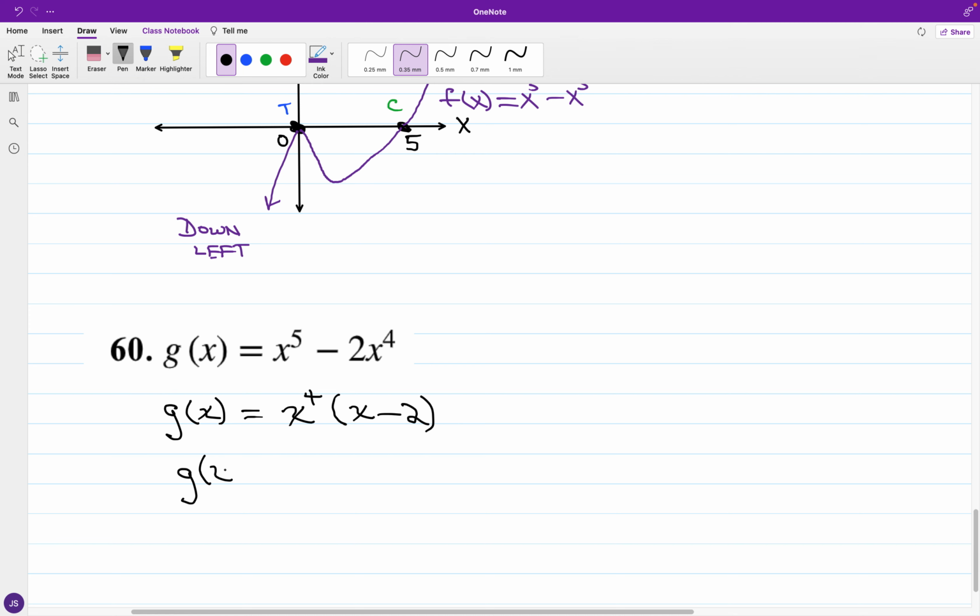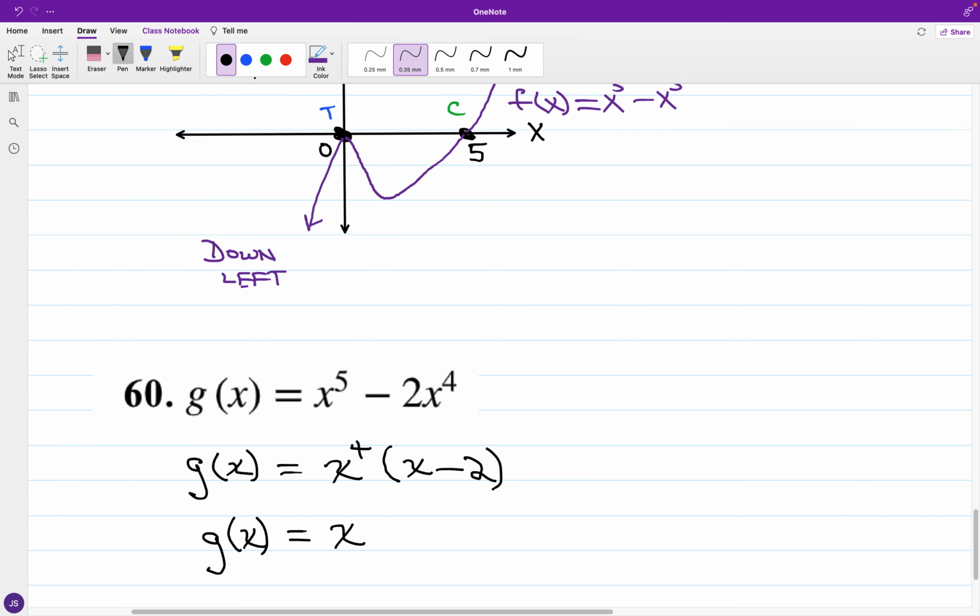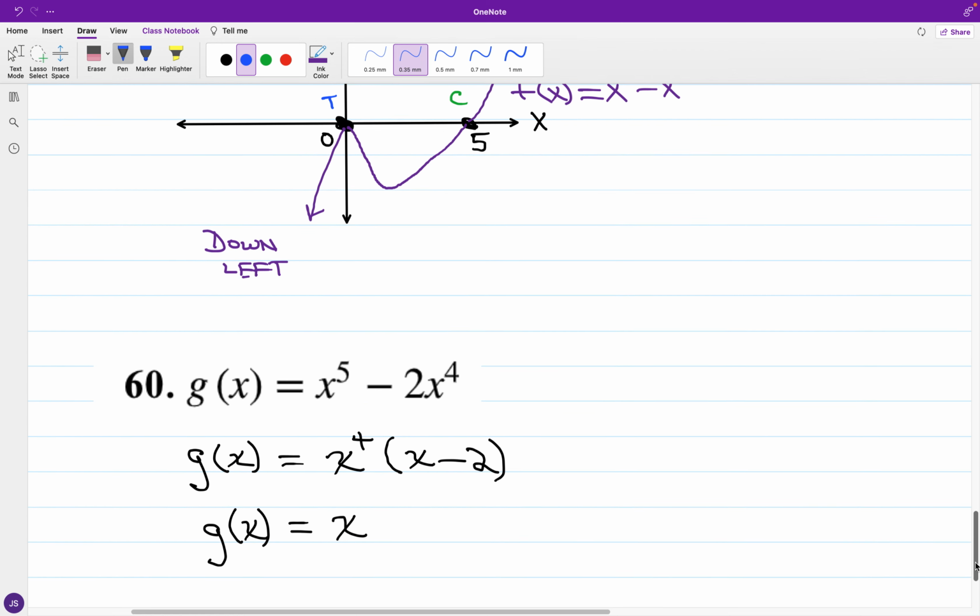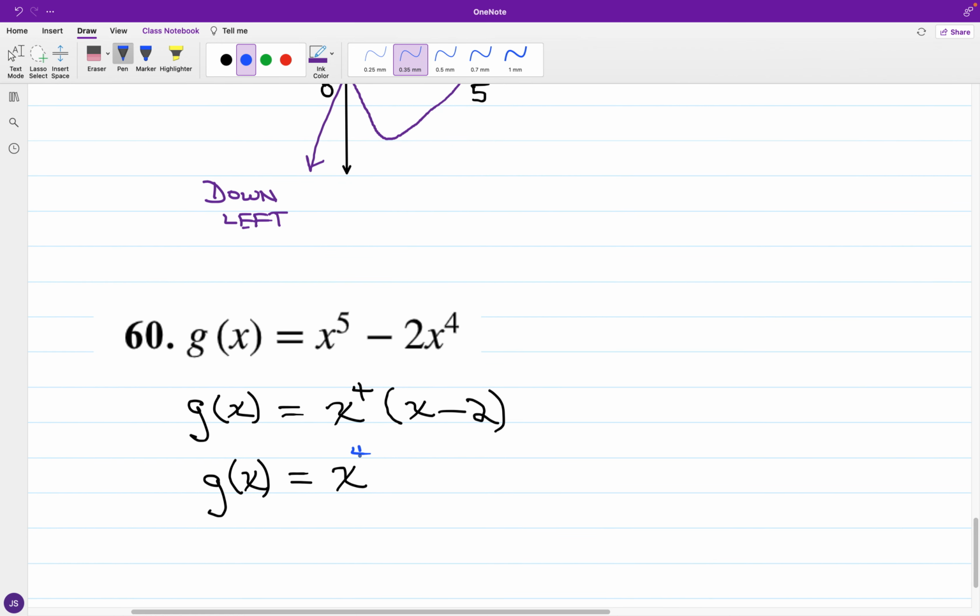Again, just rewriting and stressing the degrees, I have x to the 4th times x minus 2, which will be to the 1st.